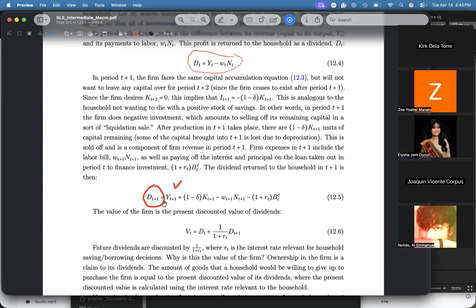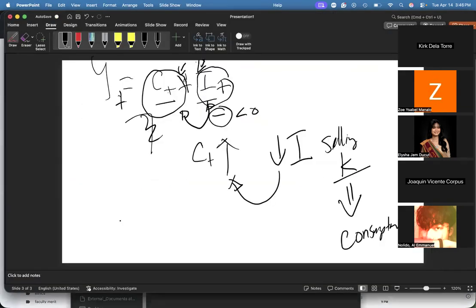What's this one? Isn't that familiar to people? That's just Y T+1 equals F of... I can't do it. The production function. Yeah, it's just the production function, diba?